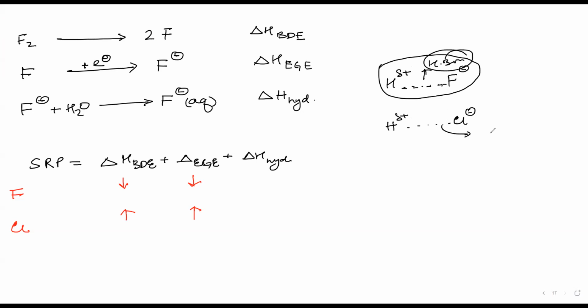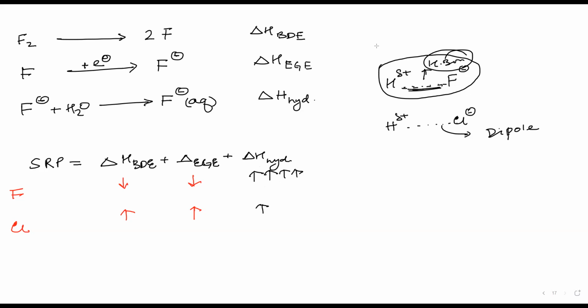Now this is only dipole interaction. Now this will constitute more than hydrogen bonding because fluorine is completely negative. So that is why fluorine can easily interact with H positives. That is why this hydration energy becomes very, very high for fluorine. And for chlorine, there will be some hydration enthalpy.